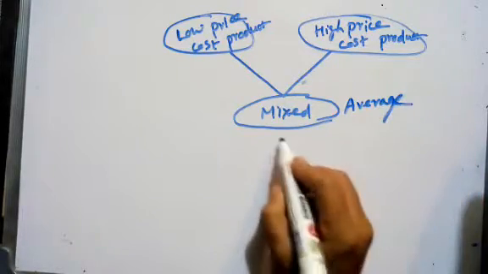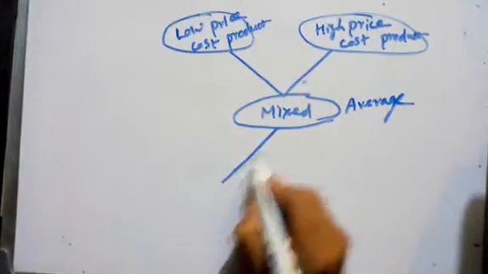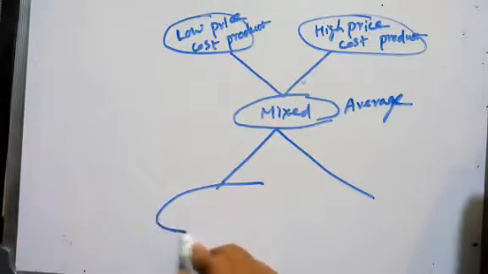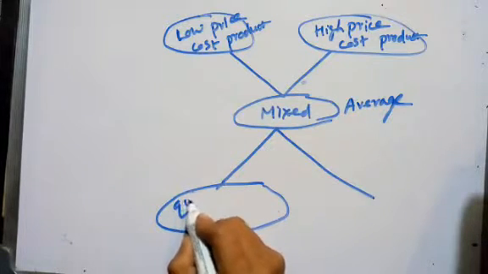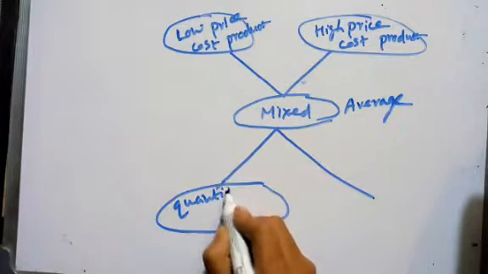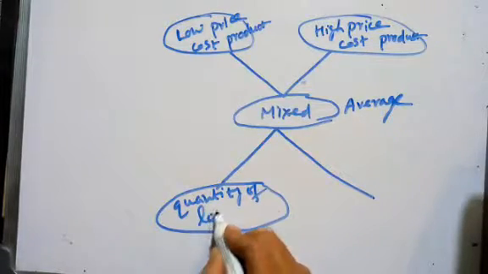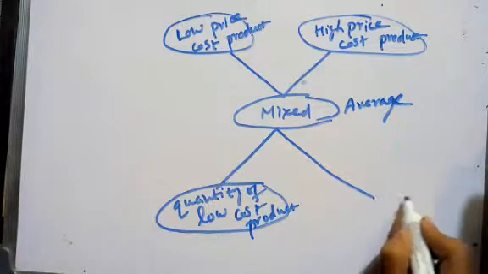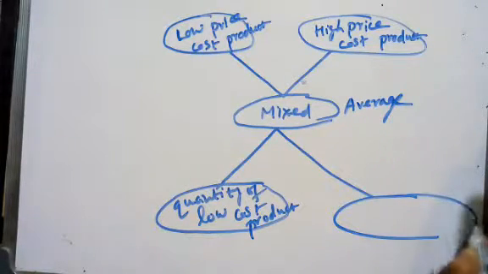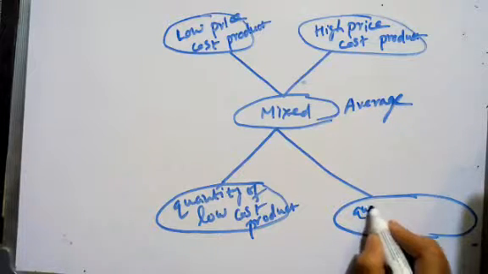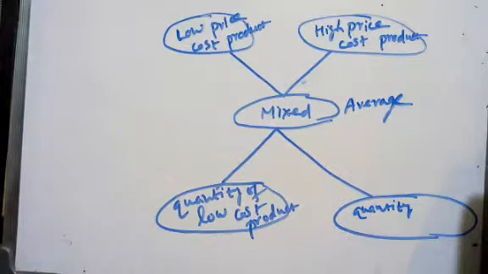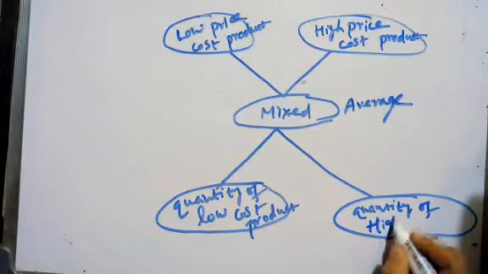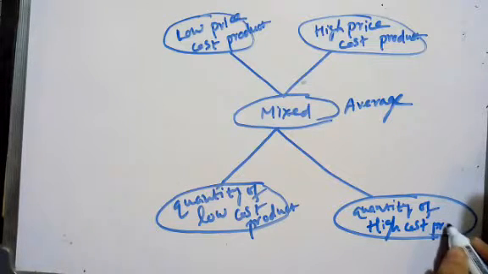And the mixture has two outcomes: one is the quantity of low cost product, and another is the quantity of high cost product.